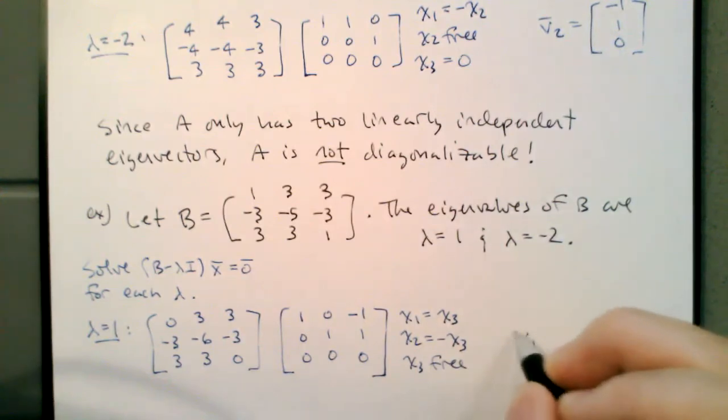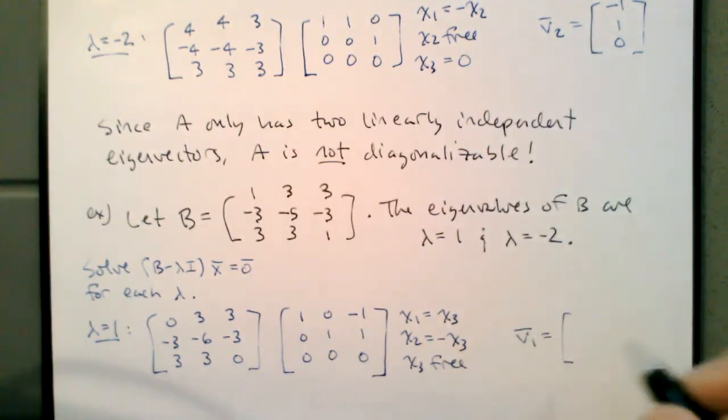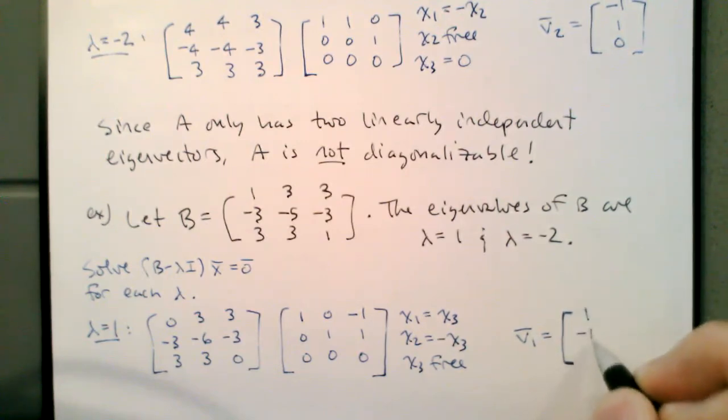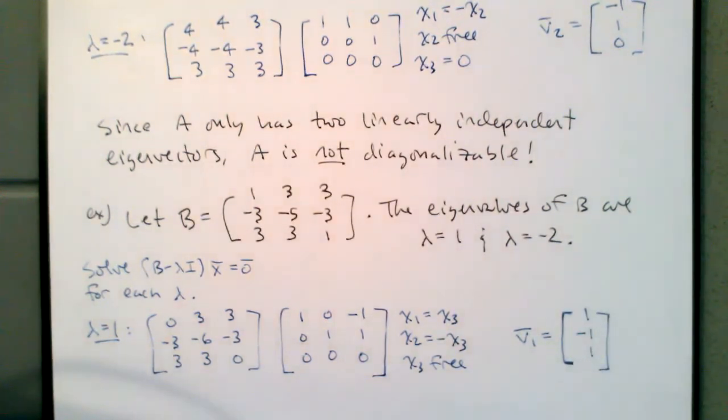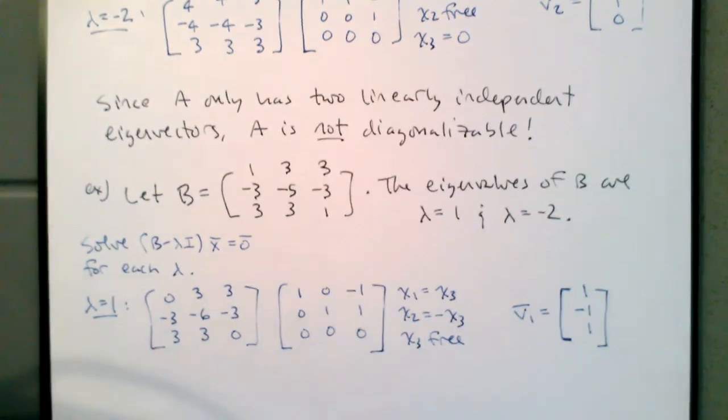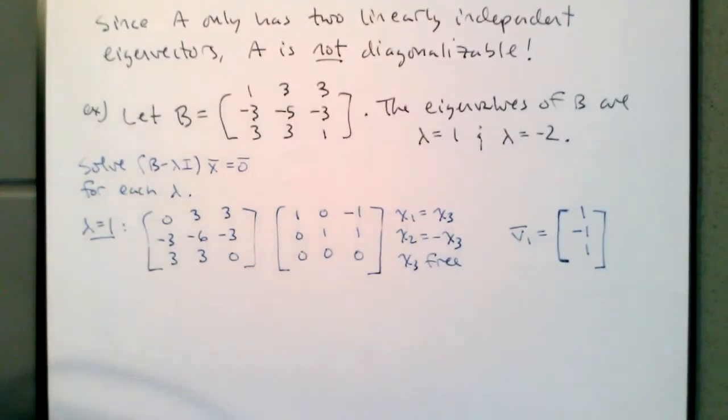So our eigenvector corresponding to lambda equals 1, or I should say an eigenvector, is 1, -1, 1. So it's this -2 that's going to have a two-dimensional eigenspace. So let's find out.